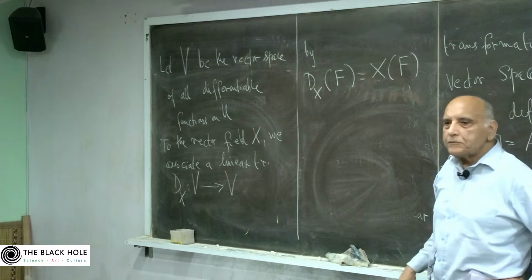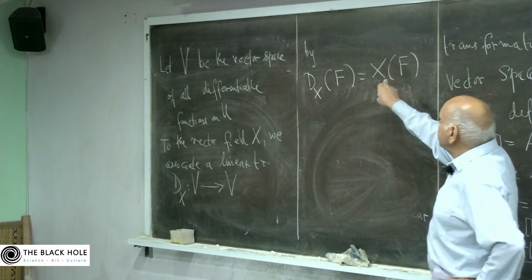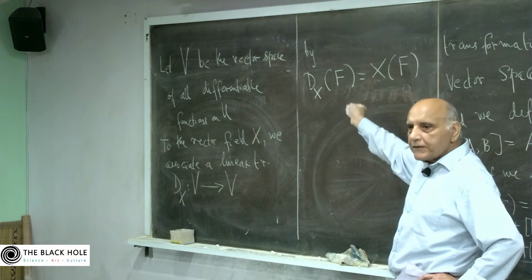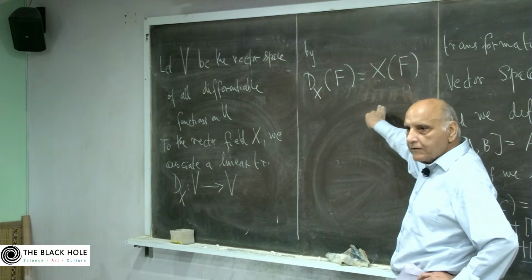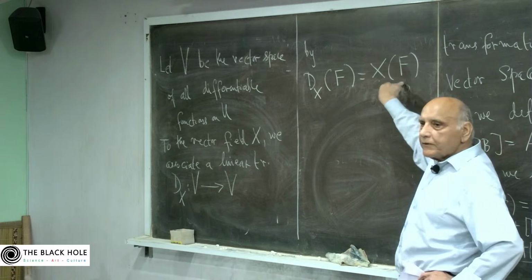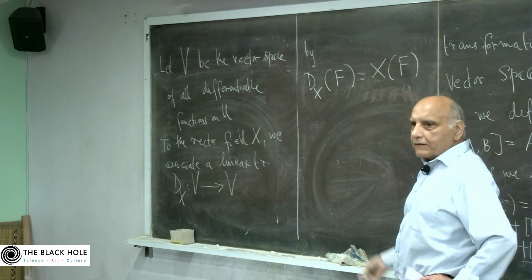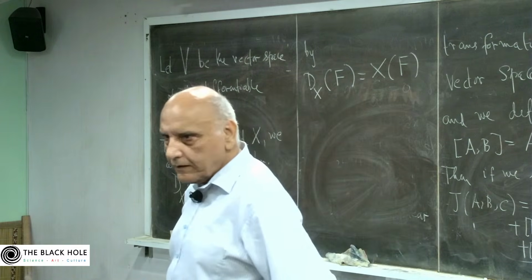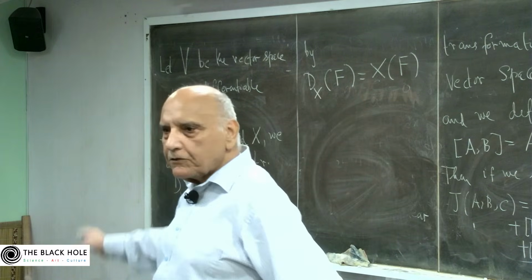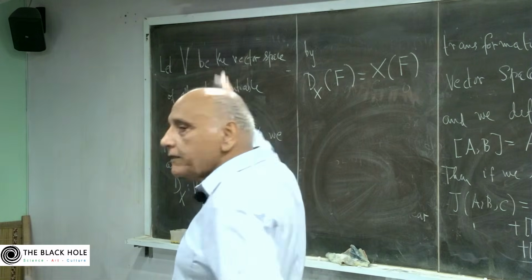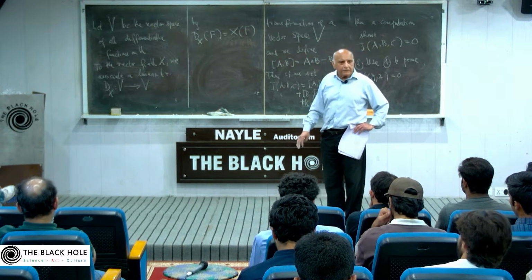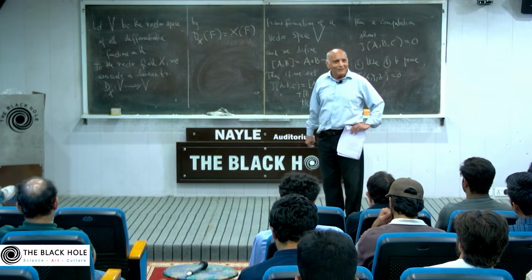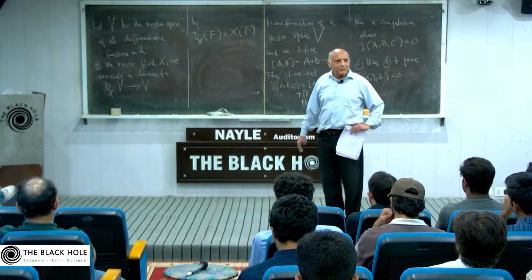Is it a linear transformation? These are just a times partial by partial x plus b times partial by partial y and so on, applied to f plus g, and you can check it's a linear transformation. This is an infinite dimensional space, but still you can talk about vector spaces of infinite dimension.